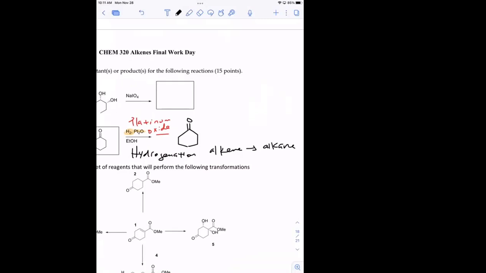All right. Questions about that reaction? We've seen this multiple times now. Normally when you do a hydrogenation, it's going to be in the presence of platinum or palladium as the catalyst.